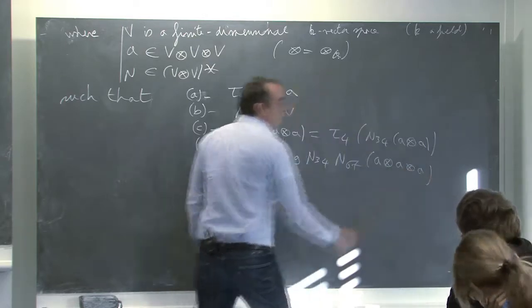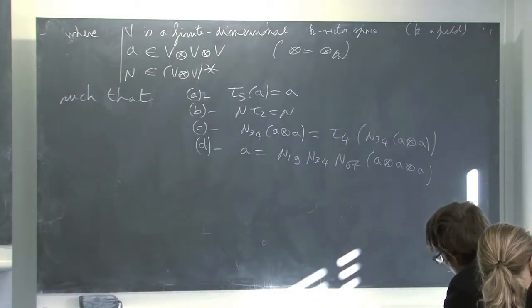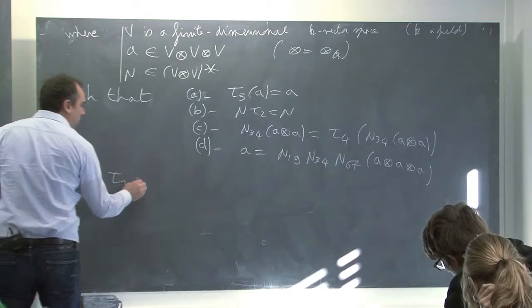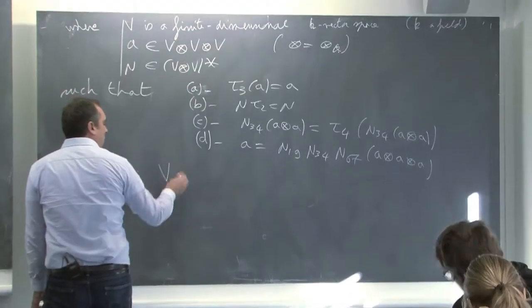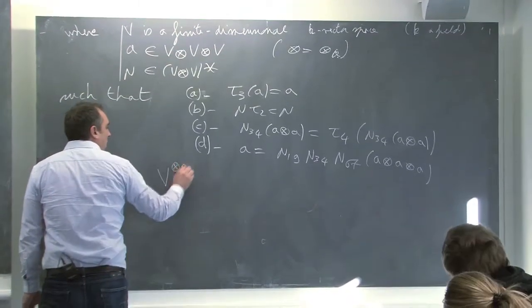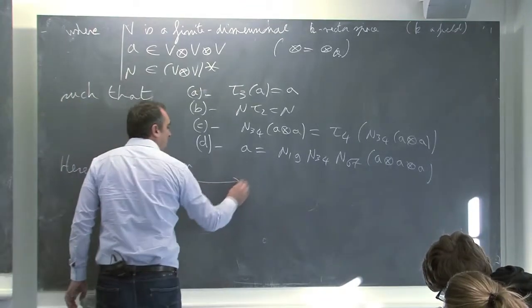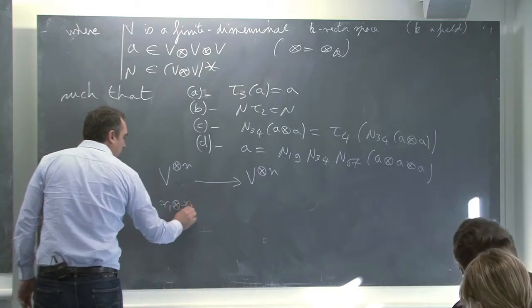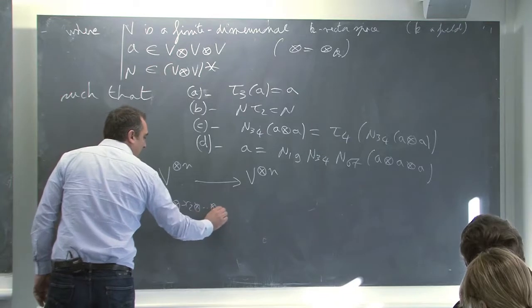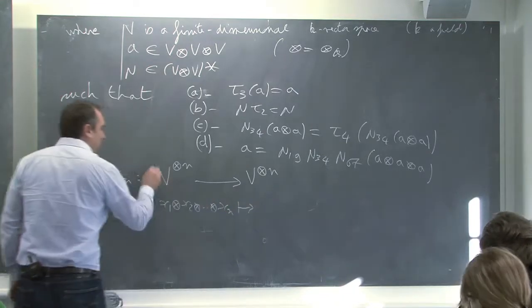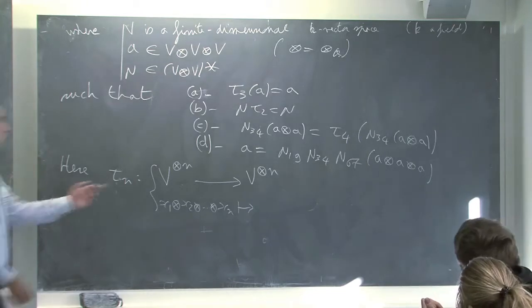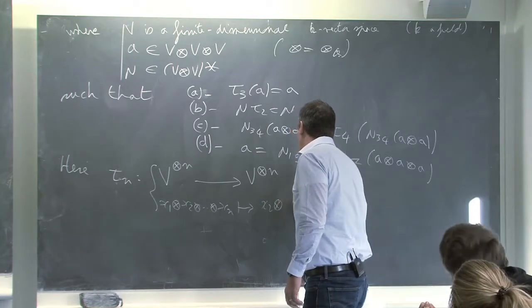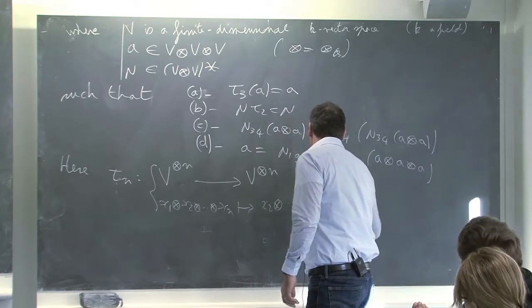Okay. So here, what is τ_n? It's just a flip, from the tensor product of n times V to itself, defined like this: x1 times x2 up to xn maps to a circular permutation, x2 up to xn times x1.